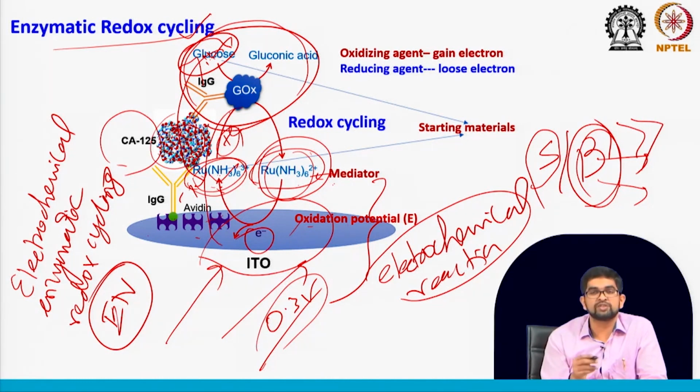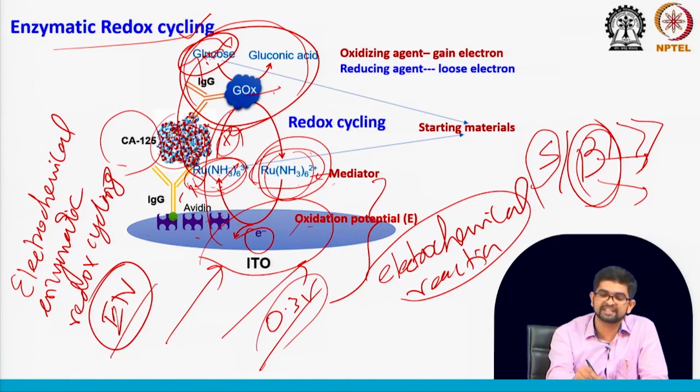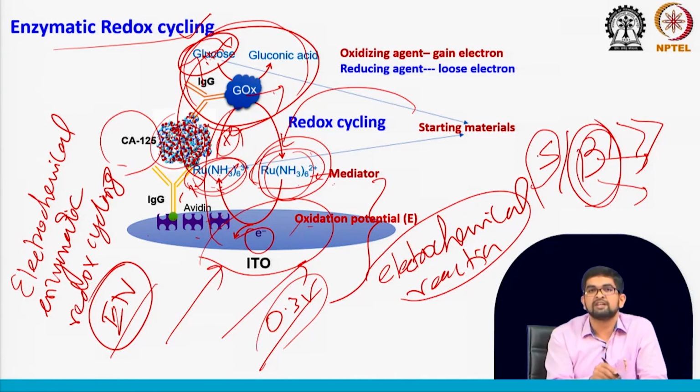Next class I will teach you a different kind of redox cycling. This is EN. Now I will change the tag, we will incorporate some other chemicals, and why I chose ruthenium here, why not any other mediator. We can incorporate many mediators also, that last slide I taught you.